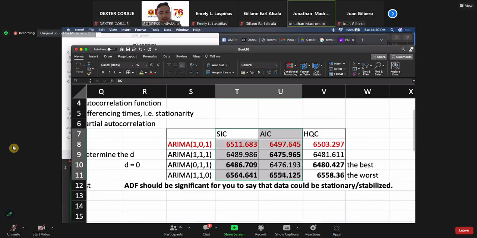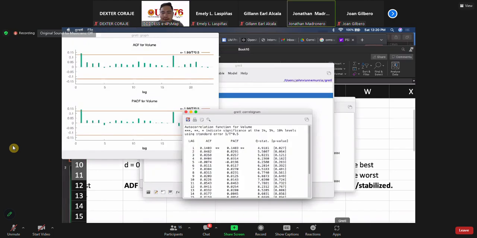Then there is seasonality, Doc, in yours. Do you think that, since yours is energy consumption, there is really seasonality in energy consumption in the Philippines?